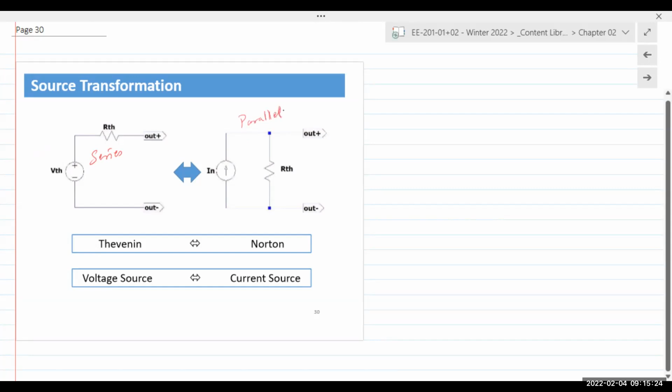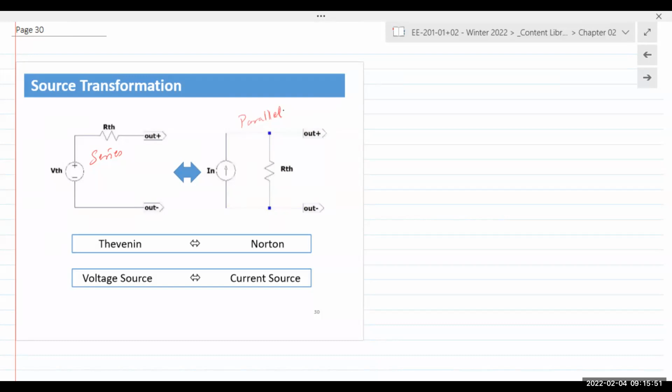Without those requirements, we cannot perform the transformation. And that is one reason why it is not one of my preferred techniques, because it gets tricky when you have a voltage source and a current source as part of a circuit. You have to break it away from the rest of the circuit, transform it, and then plug it back in. And that makes it a little bit difficult.